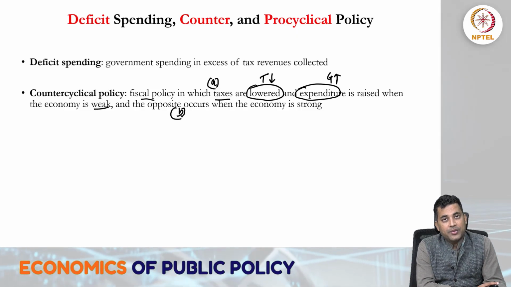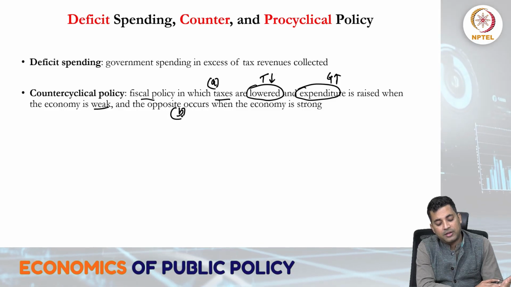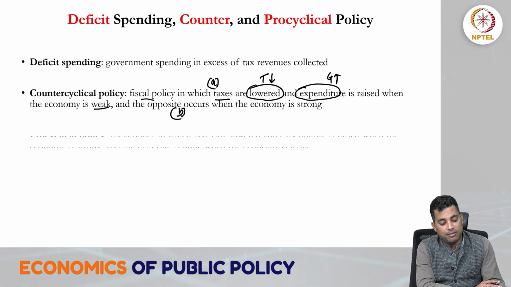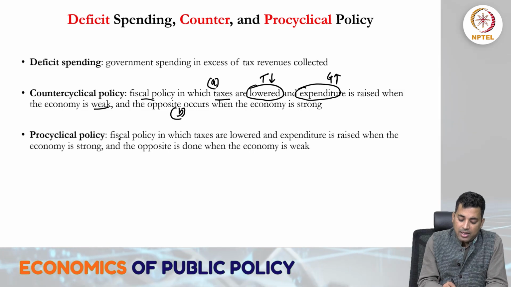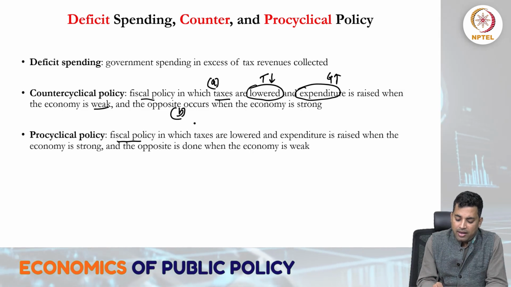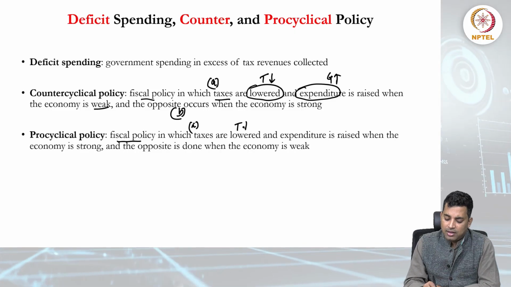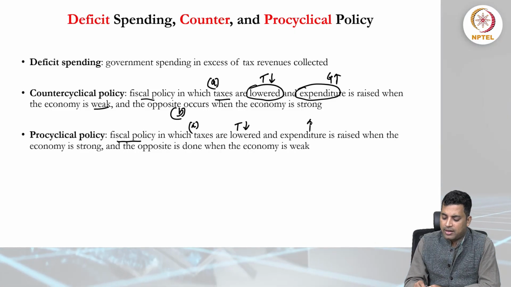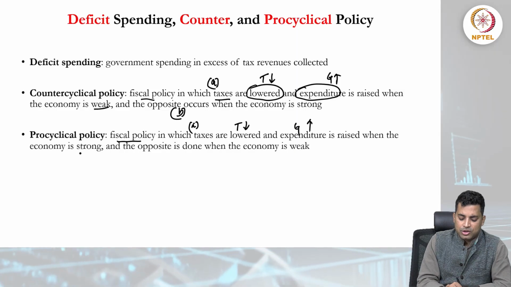Now, in contrast to this, there is another policy, the pro-cyclical policy. Again, a type of fiscal policy, another situation where taxes are lowered and government expenditure is raised when the economy is strong.